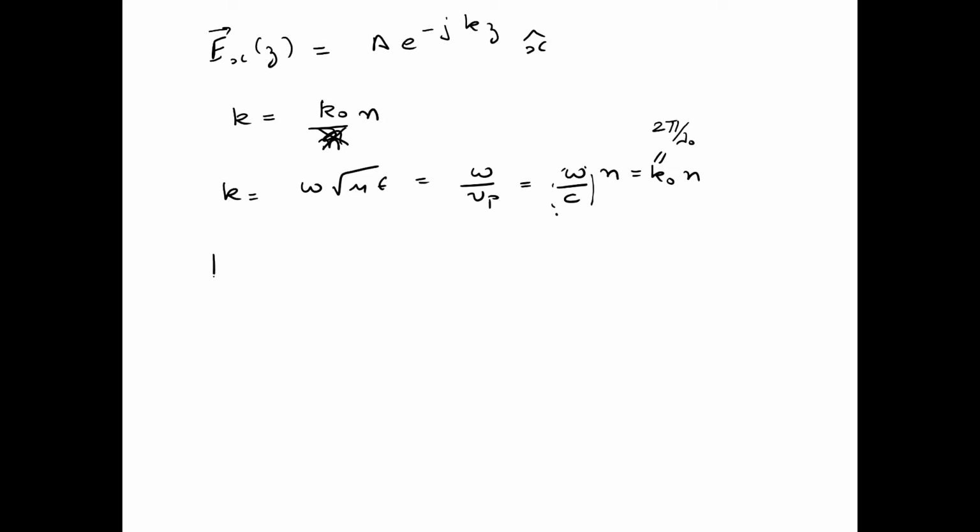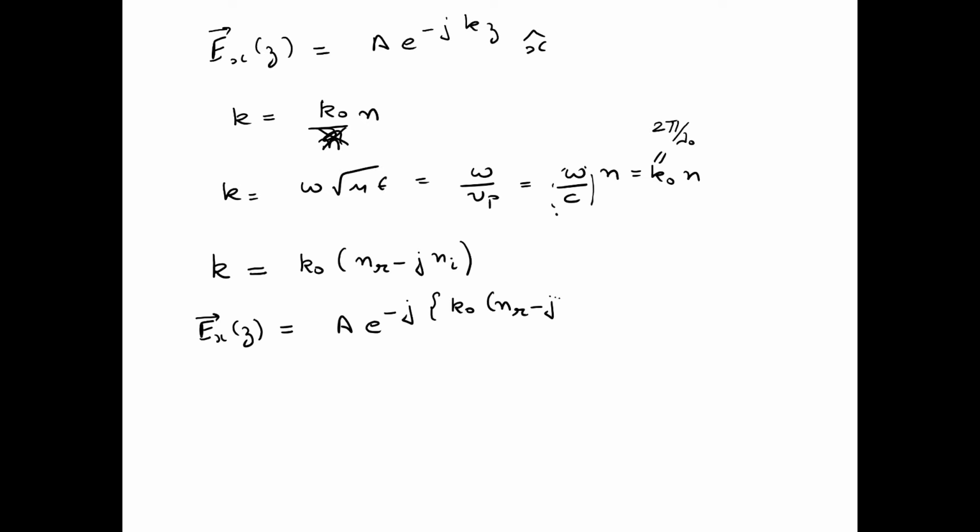So for these lossy dielectrics, k now becomes k naught times (n real minus j n imaginary). If I look at my wave, this becomes A e^(-j k naught (n real minus j n imaginary) z) pointing in the x direction.